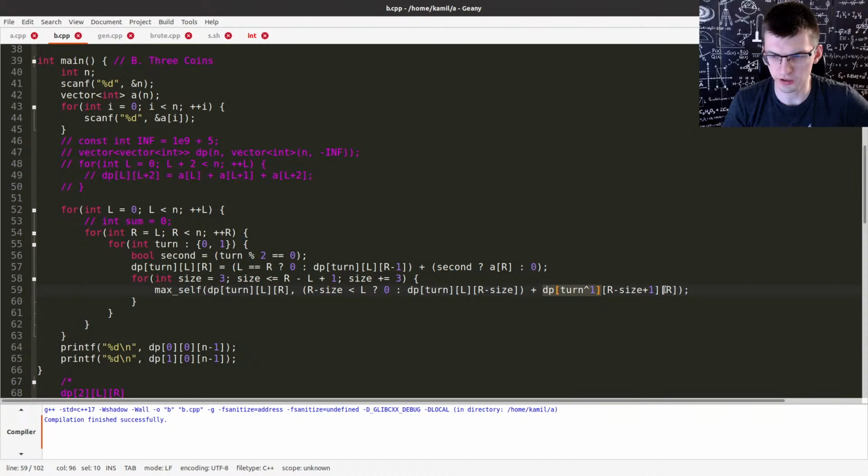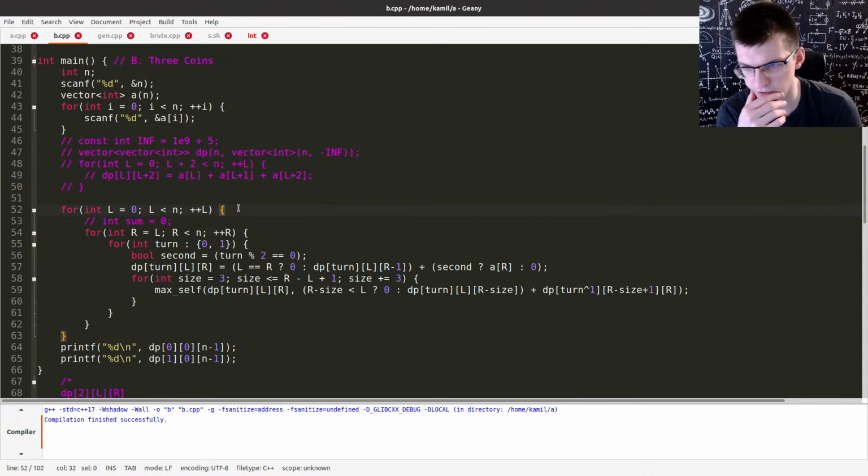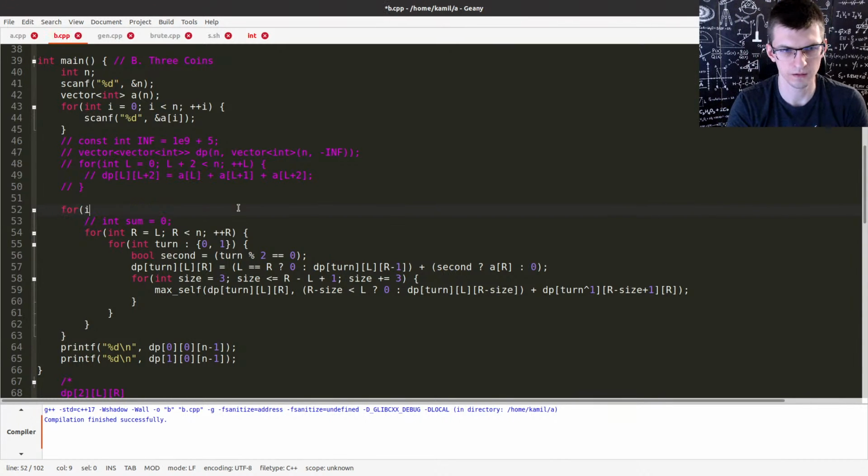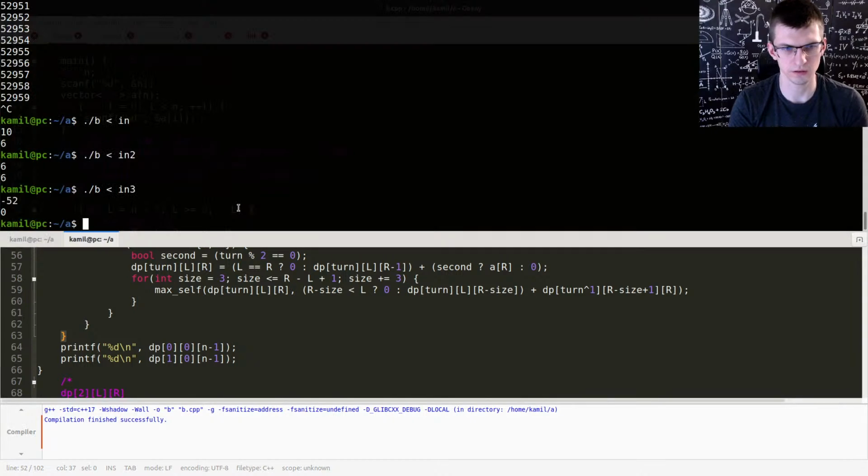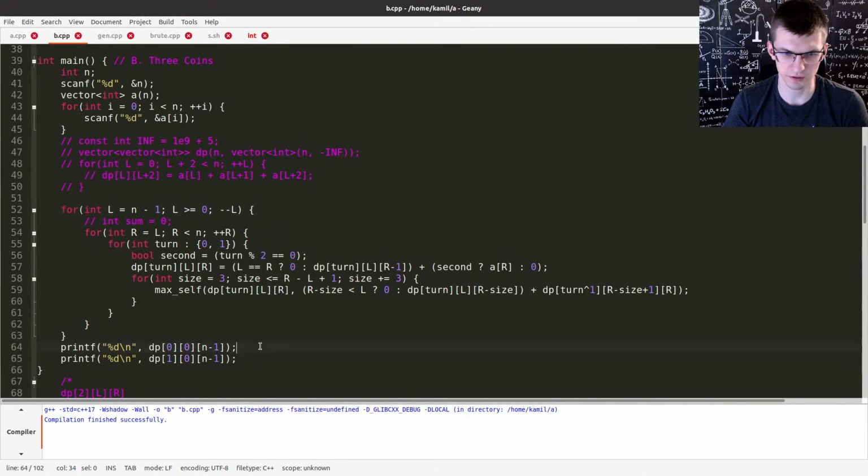So shorter intervals need to already be covered. L and smaller r. I think that's just about the order of L and R. From shortest to longest. Okay, second value is always good.